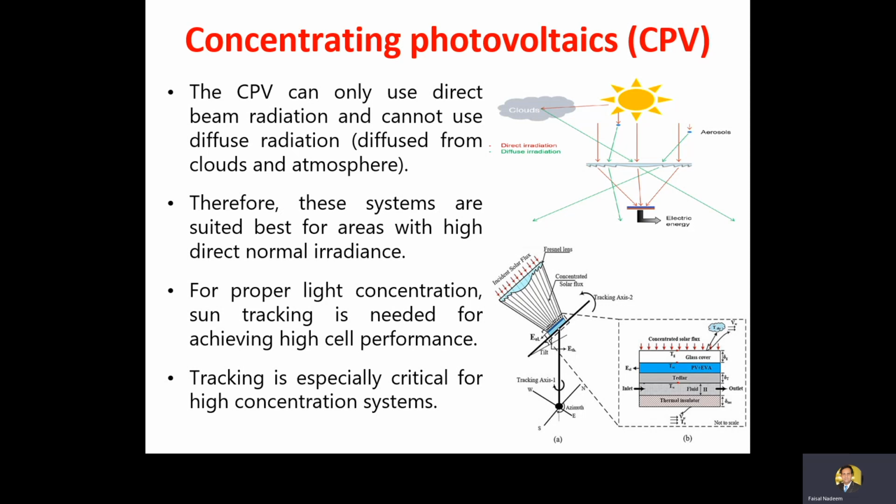So if we want to keep the concentration of these direct normal radiations on the mirror lens the same over the whole day, what do we have to perform? We have to perform tracking, and that should be a 2D sun tracking, for achieving good performance of the system. Tracking is especially critical for high concentration systems, so it means concentrated solar power technology requires tracking.